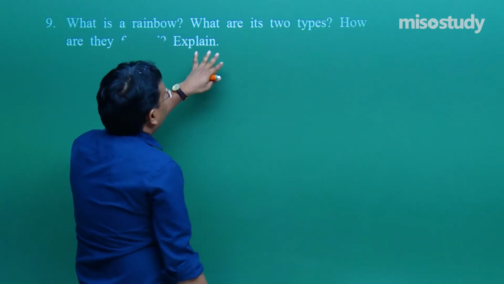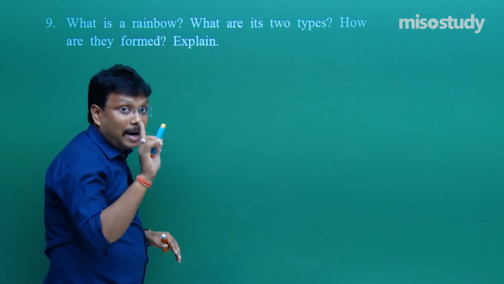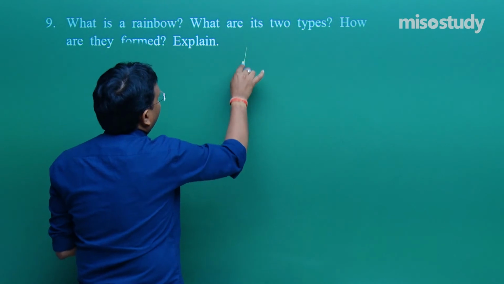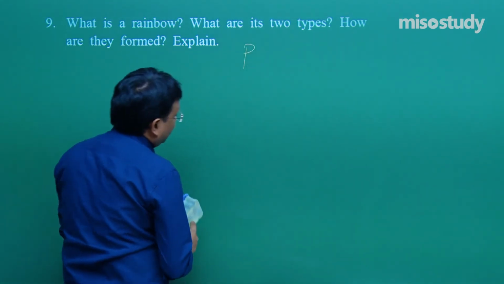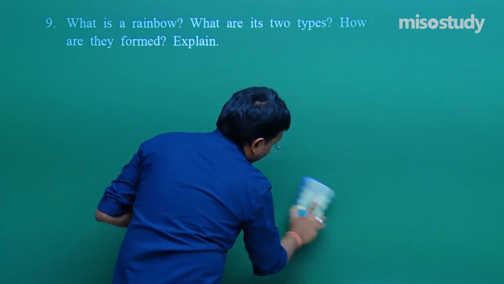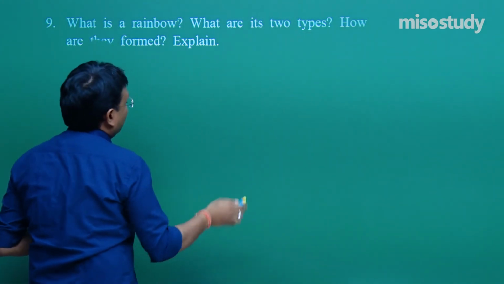So what are its 2 types? One is primary rainbow, another is secondary rainbow. Basically rainbow formation takes place on the combined effect of dispersion, refraction and internal reflection.